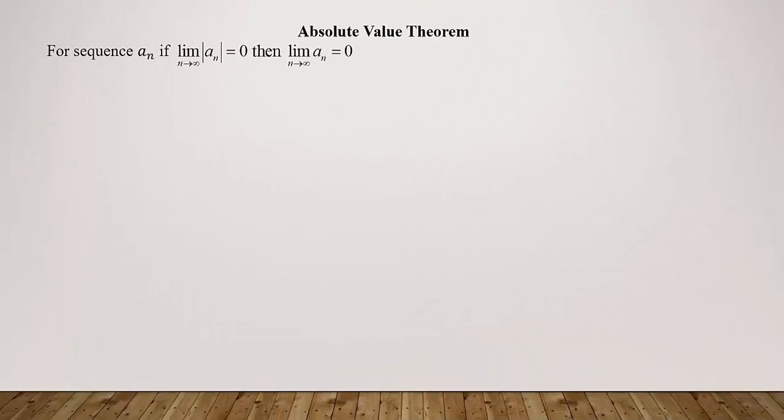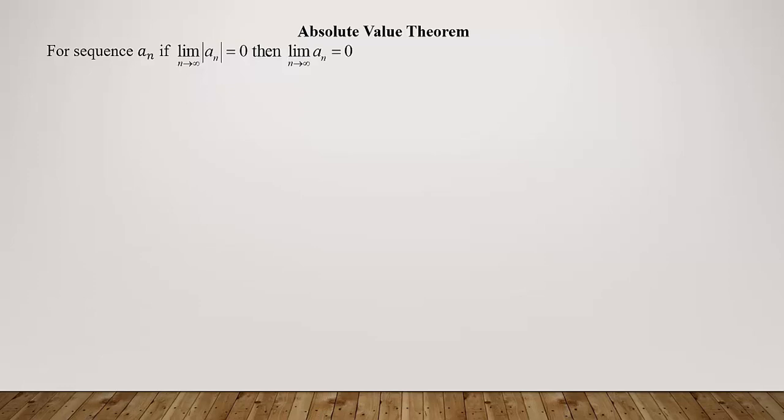Next up is the absolute value theorem. This is a pretty powerful, important theorem. So here's what the absolute value theorem says. If you have a sequence a sub n, and the limit as n goes to infinity of the absolute value of a sub n equals 0, then the limit as n goes to infinity of a sub n also equals 0.